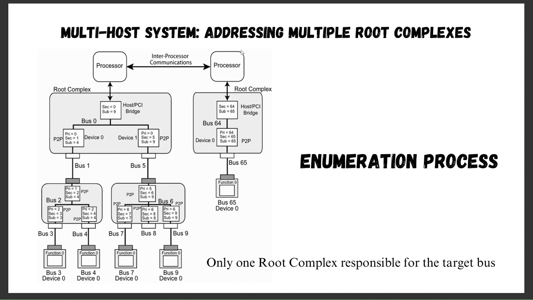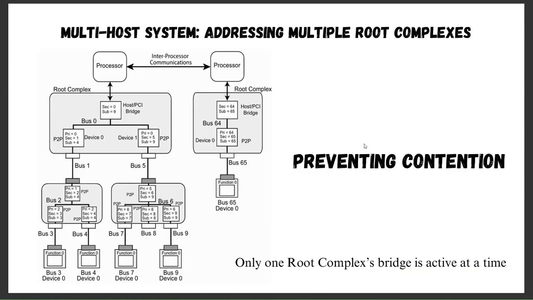The configuration address and data ports can be duplicated across the different root complexes, but there must be a system to prevent conflicts. First, let us learn about the first conflict, that is, preventing contention.